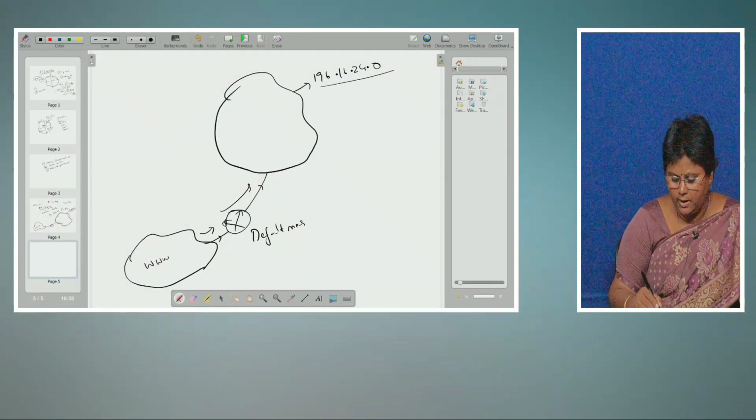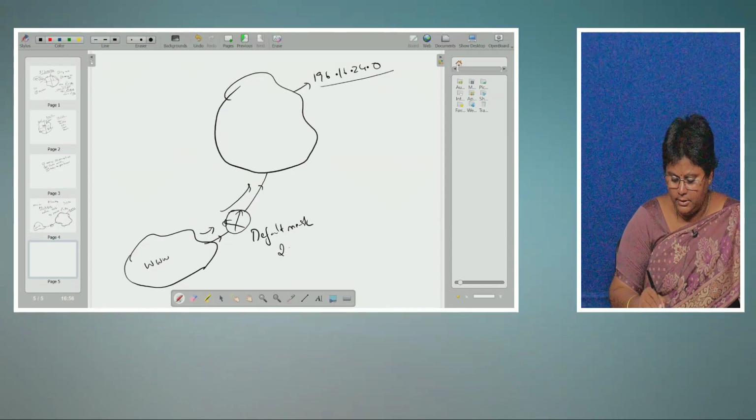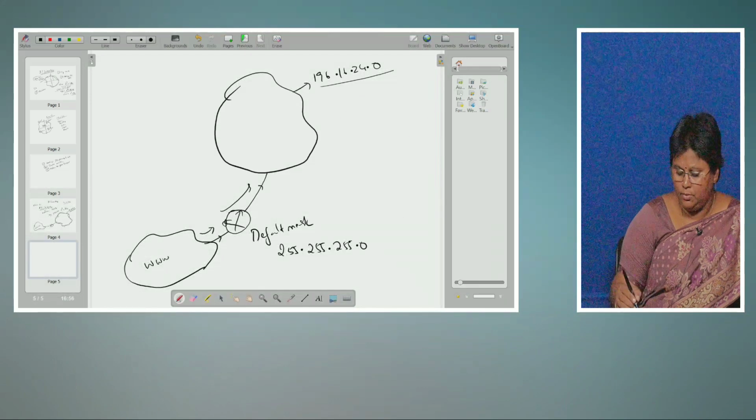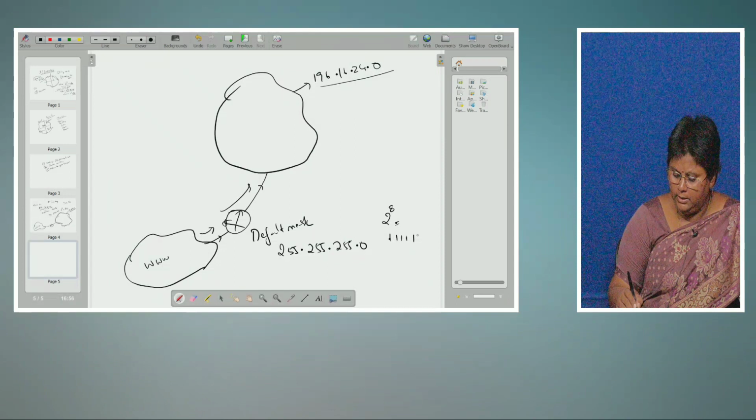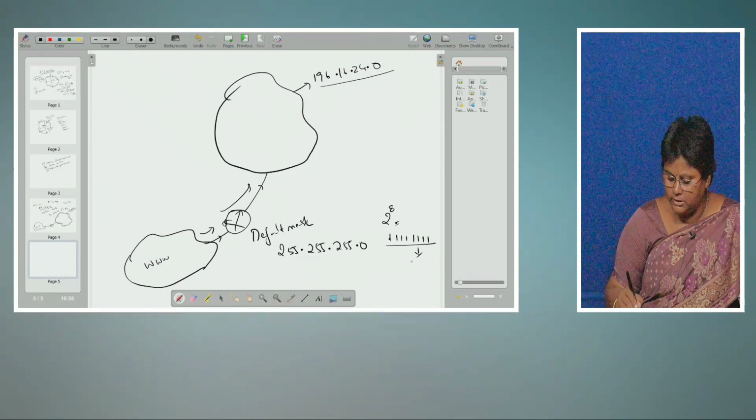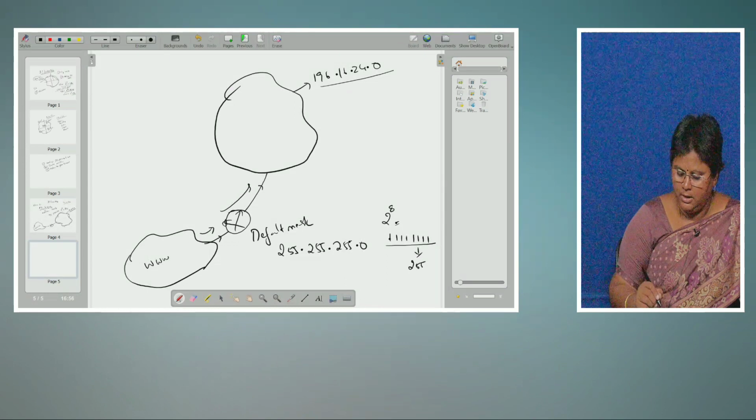So what is the default mask for your class C? This is 255.255.255.0. If you look at this, 2 raised to power 8 means 8 bits are there. When you place all ones in all the 8 positions and convert into decimal, it comes to 255, right?